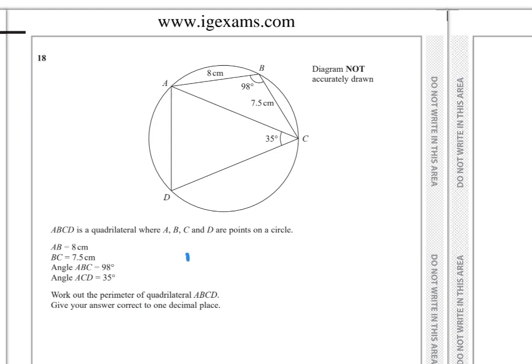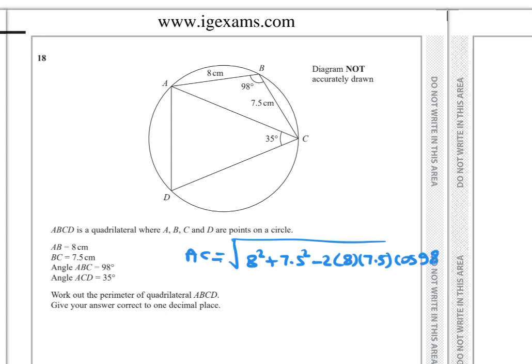So AC equals square root of 8 squared plus 7.5 squared minus 2 times 8 times 7.5 cosine 98, which equals 11.7 centimeters. Now this side is 11.7.